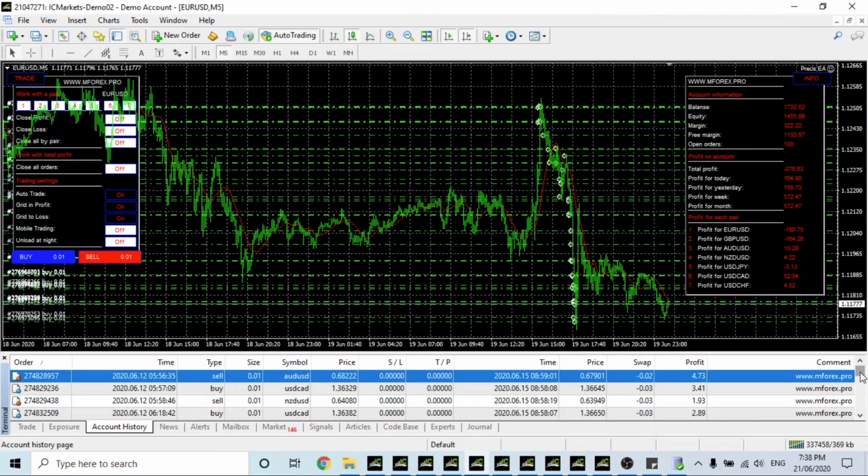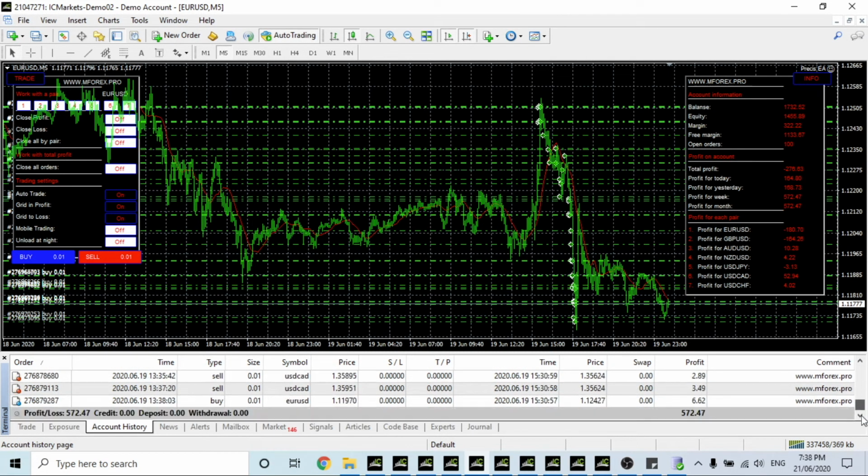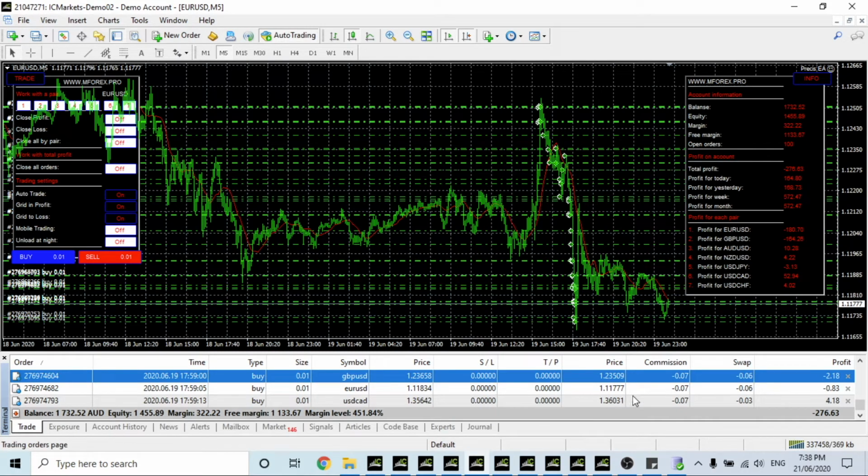But anyway, from the 12th, it has made 572, which is what we have here, profit for the week. But it says total profit negative 276. So I don't know, which is what it is right now. Maybe total profit for the coming week is what it is.